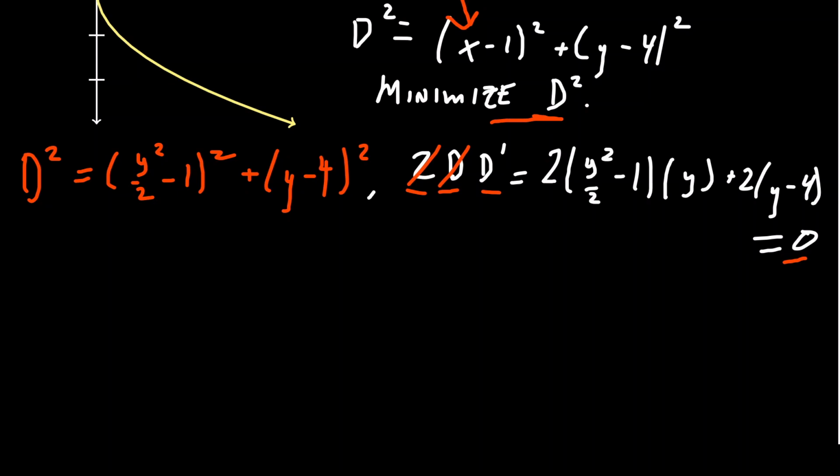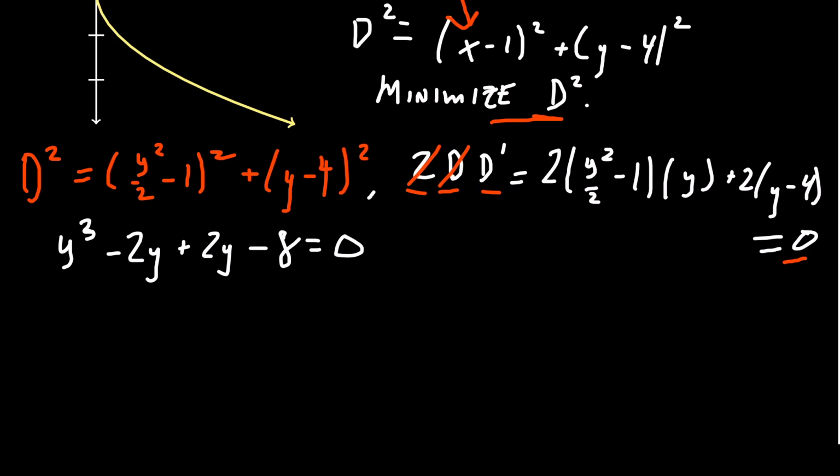All right, so what do we have here? Distribute and multiply things out a little bit. We get y cubed minus 2y plus 2y minus 8 equals 0.